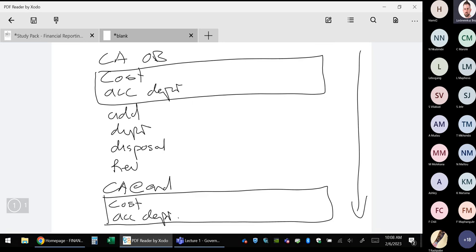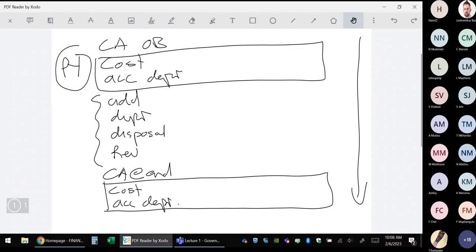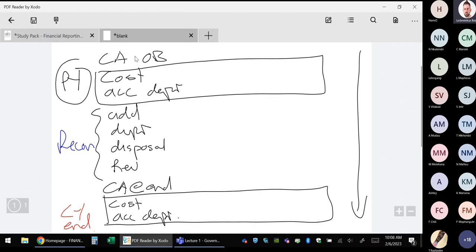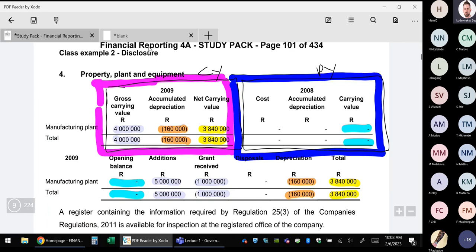So that is the prior year. This piece was your recon for the year. And this is the current year end balances. That is how the PPE note used to look previously. So all we do now is that prior year portion is now the blue.